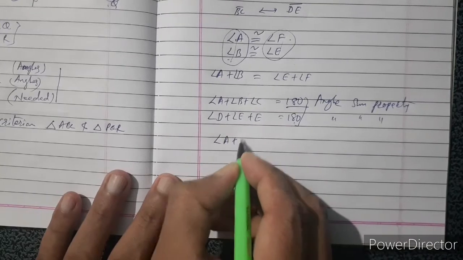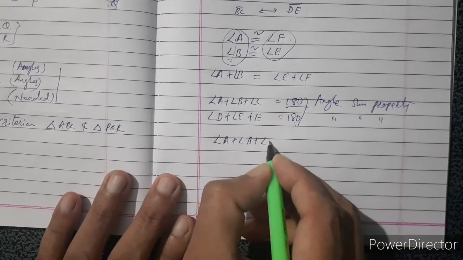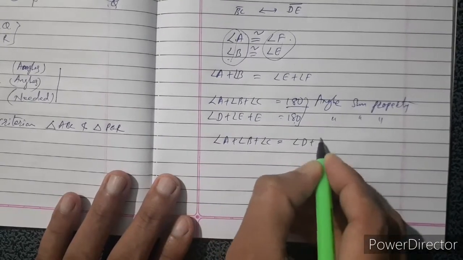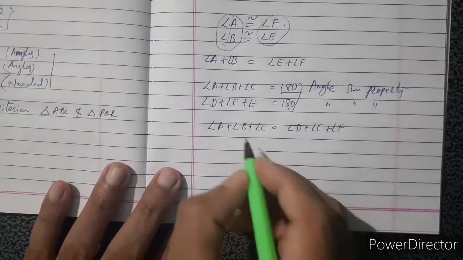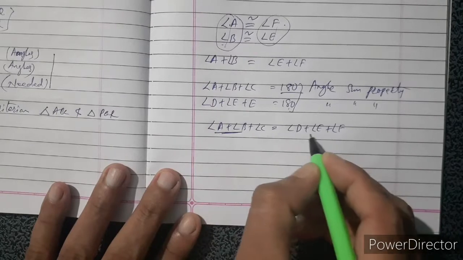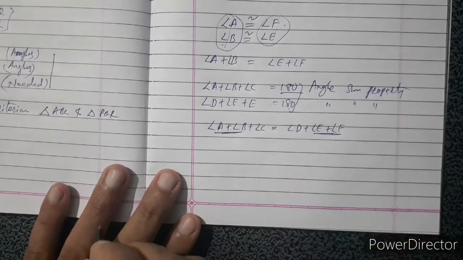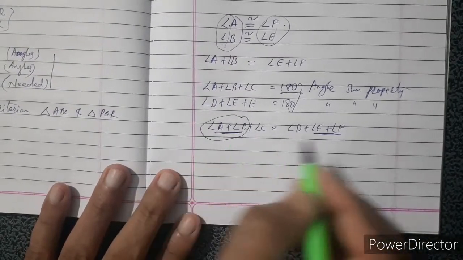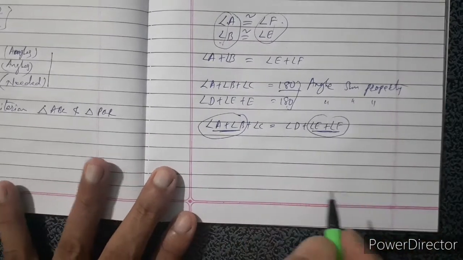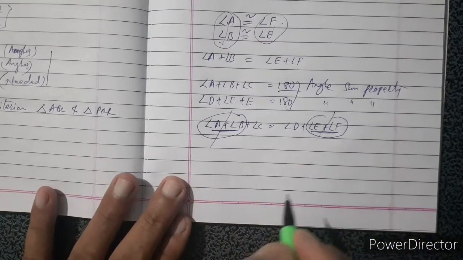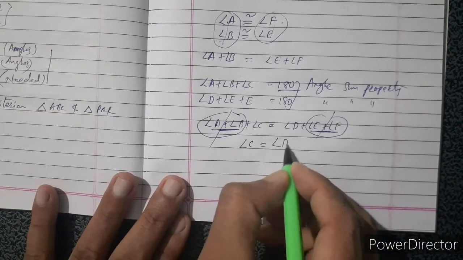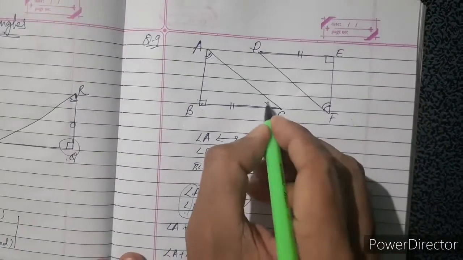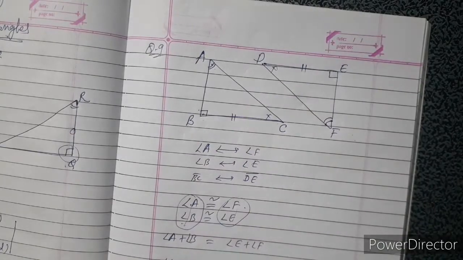So they are equal: A plus B plus C equals D plus E plus F. But here the sums of A and B and of E and F are equal, so we cancel them. That means angle C equals angle D. So D and C are also equal.